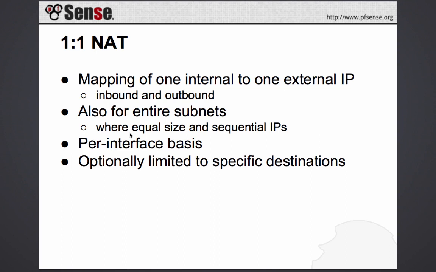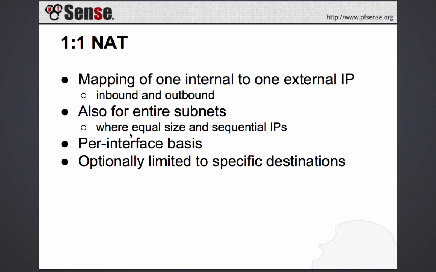Okay, now going over one-to-one NAT. So one-to-one is a mapping of one internal to one external IP. So if the host is going outbound on that particular interface, then it gets translated to that, and then for any traffic that's coming in from the internet on that IP will get translated to the internal address.